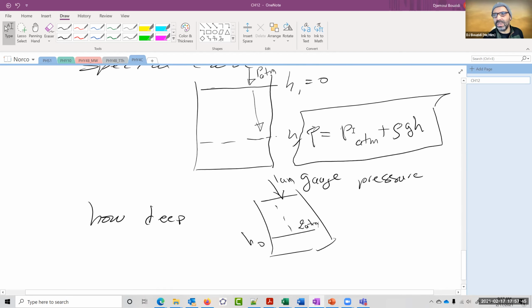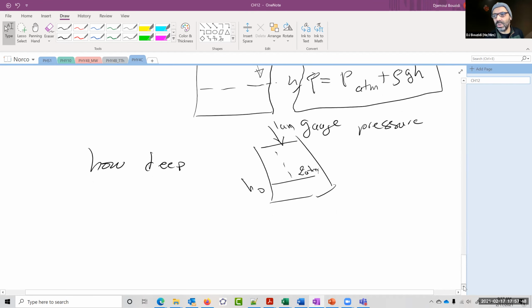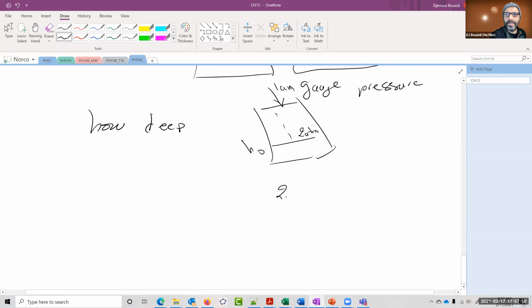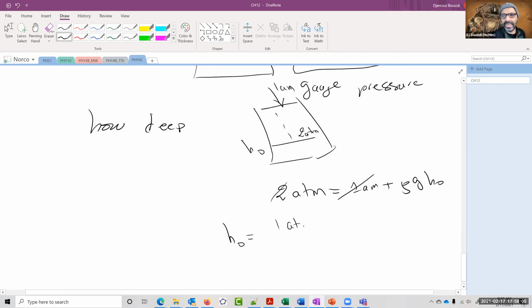So you come to this expression and substitute. 2 atmospheric pressures is equal to 1 atmospheric pressure plus rho times g times H0. Cancel this one with that one, and you find that H0 satisfies this equation: 1 atm divided by rho for water times g. This is roughly 10 to the power 5 pascals, divided by rho for water, which is 1,000 kilograms per cubic meter.